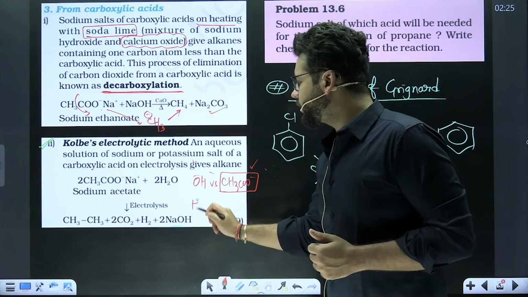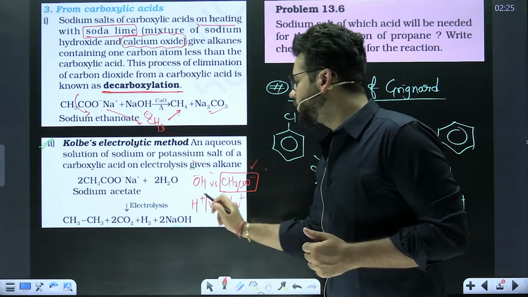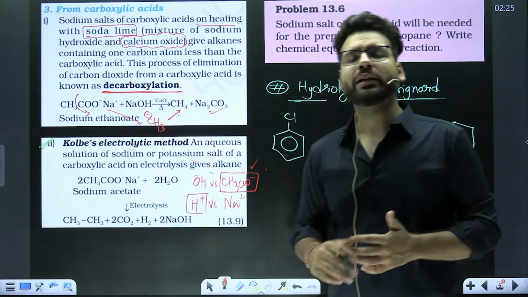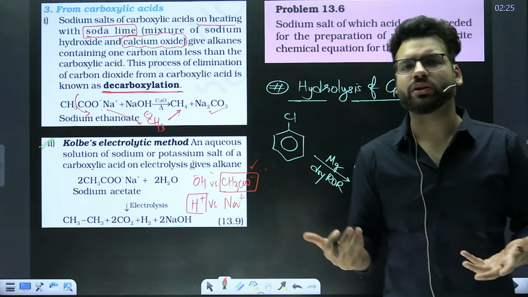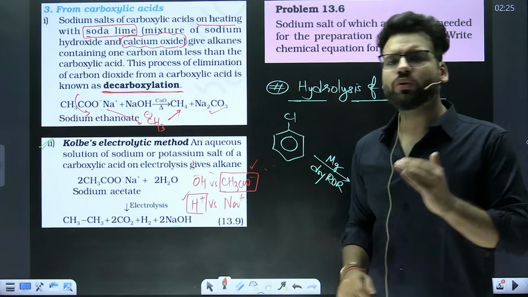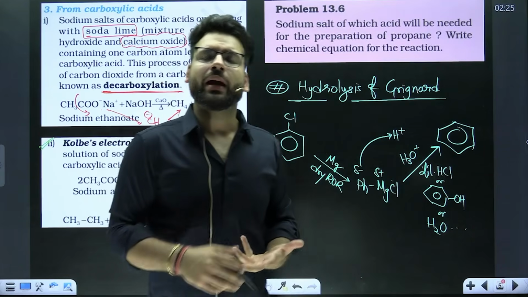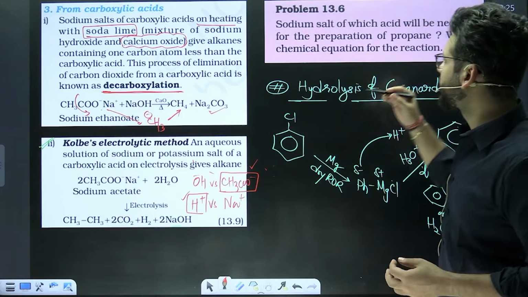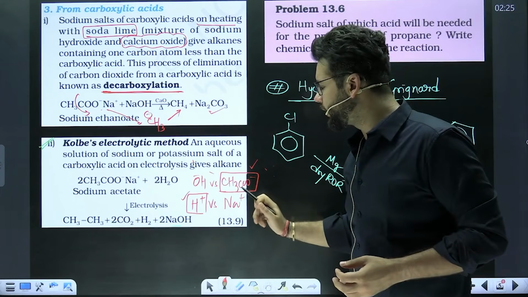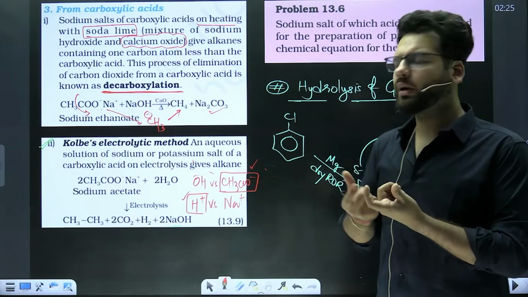And at the cathode, H plus is fighting versus Na plus. In the electrochemistry chapter, all of you have studied that H plus has more reduction potential, which is 0, as compared to sodium, which has negative reduction potential. So H plus goes to the cathode and gets reduced to hydrogen gas. Acetate goes to the anode and gets oxidized to carbon dioxide, and the remaining CH3 group will couple up to become CH3CH3.